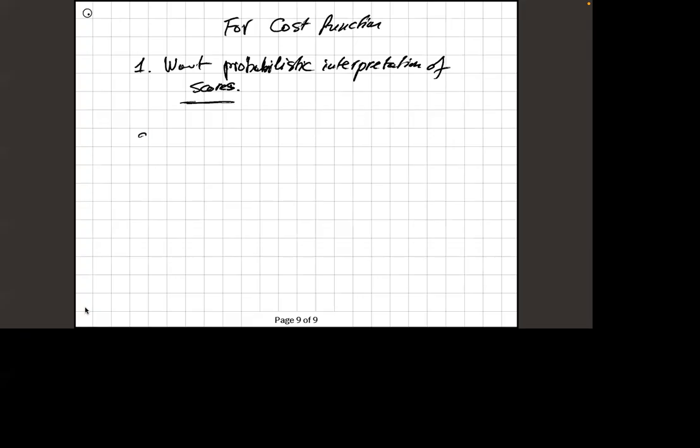And secondly, if you have a probabilistic interpretation of your scores, you need to choose an appropriate measure of distance. A simple difference wouldn't work here. If you assume that your outputs are probabilities, you need to choose the correct measures for the distributions.